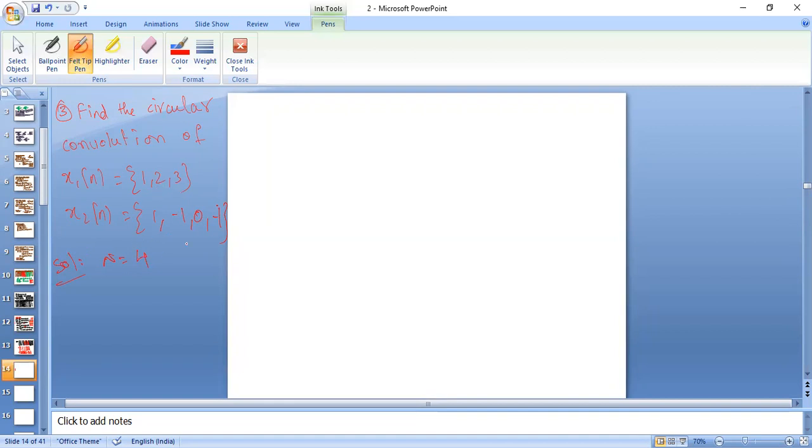because one sequence is of length 3 and the other sequence is of length 4. So the N value is equal to 4 here. Let us make x1 of n is equal to 1, 2, 3, 0 and x2 of n is equal to 1 minus 1, 0 minus 1, right?